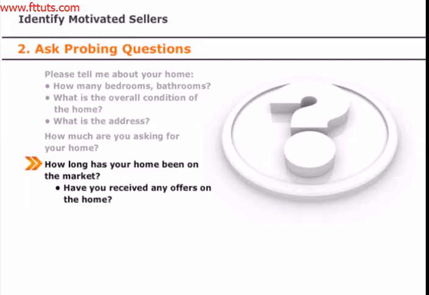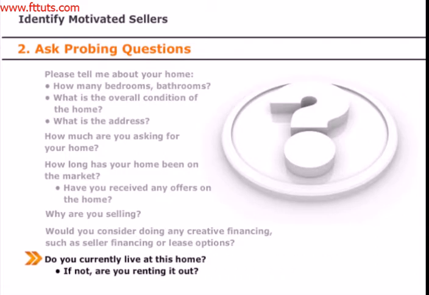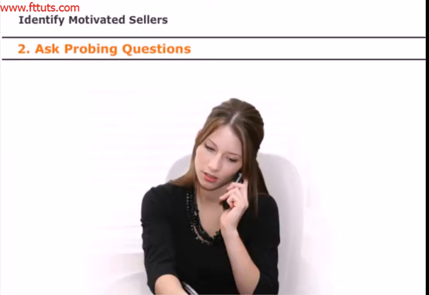We recommend you practice these questions this week by taking the list of 10 properties you put together previously in the last lesson and call the sellers. Even if you know the answer you'll receive to some of the questions, you should still ask. You never know when the seller's situation may change in your favor, and now you have the beginning stages of a real estate transaction. When you ask these probing questions, you'll want to listen carefully to the answers.